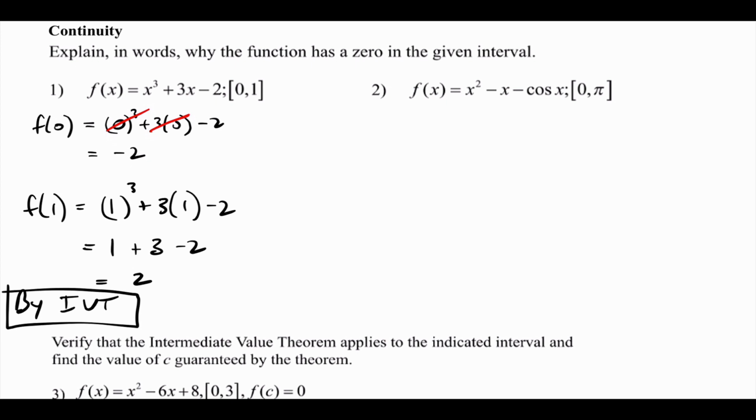You could just say by intermediate value theorem. It has to, because you can't start below the x-axis and then go above the x-axis without crossing over the x-axis, right? How many times did it? I don't know how many times. Once, twice, 3 times, but it did it at least once.